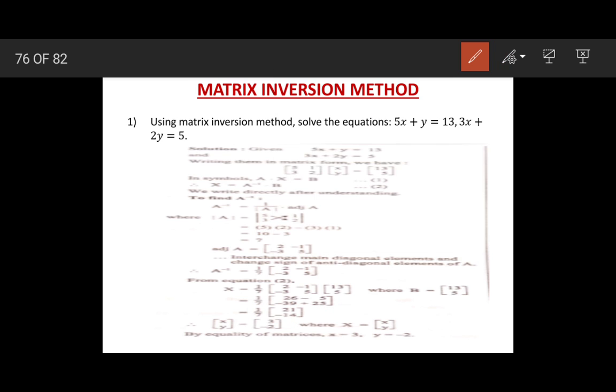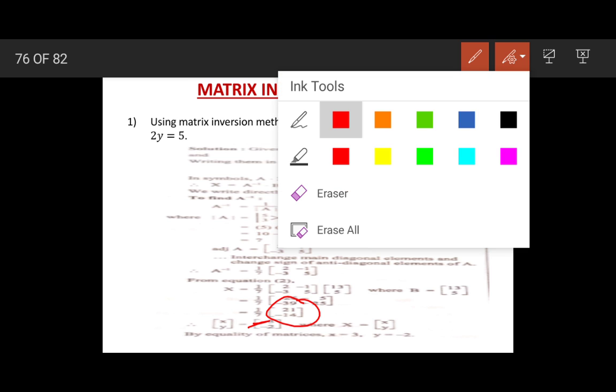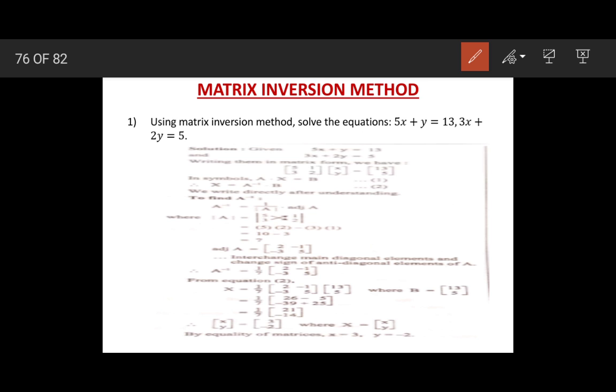Now what next? If possible, we divide the elements of the matrix by 7. Since 21 and 14 are both multiples of 7, we will divide the elements by 7. So we get 3, since 7 threes are 21, then -2, since 7 twos are 14.